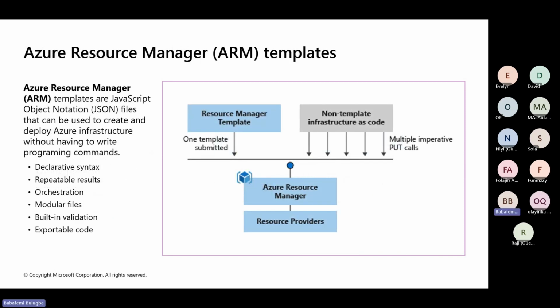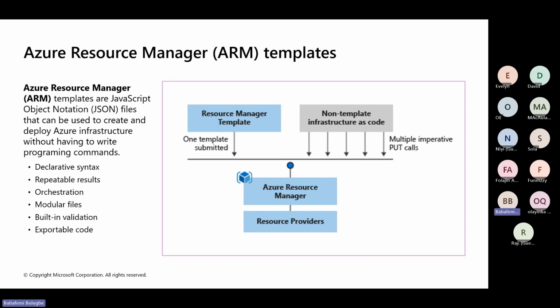We'll take a look at some of the code. So I said the ARM template is a very big tool that is being used in Azure when it comes to infrastructure as code, creating or managing your resources using code. So we have the ARM template.